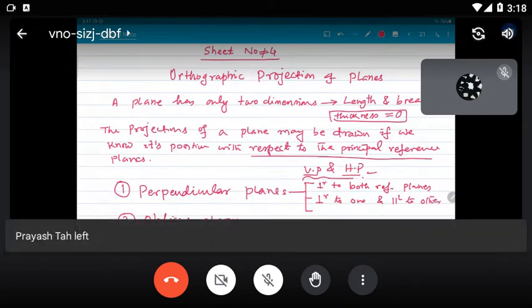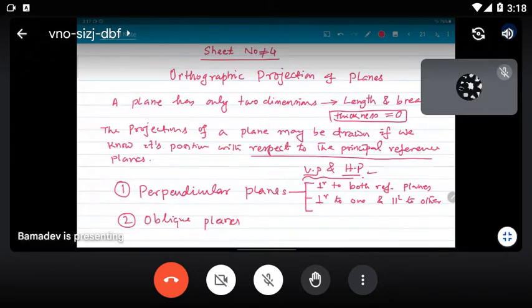It may be perpendicular to the horizontal plane and parallel to the vertical plane, or vice versa. Or it may be perpendicular to one and inclined to the other.